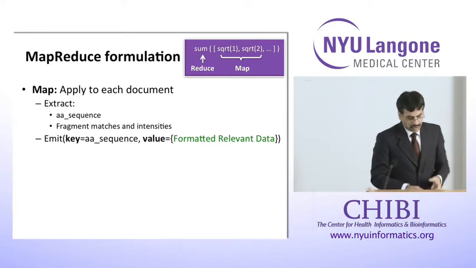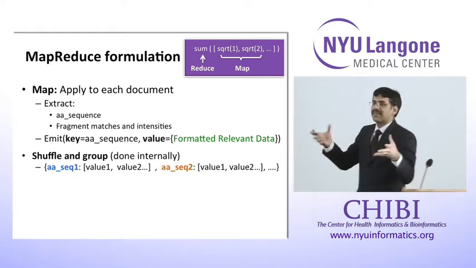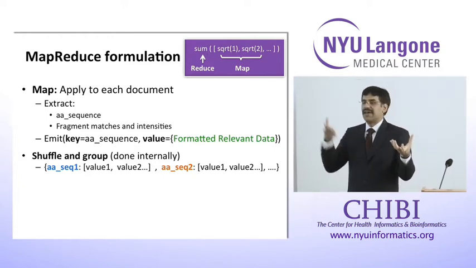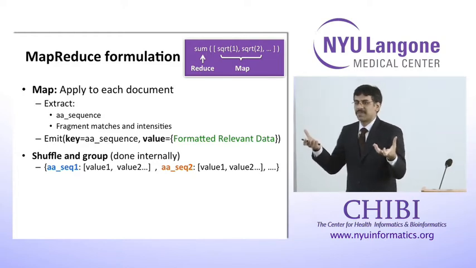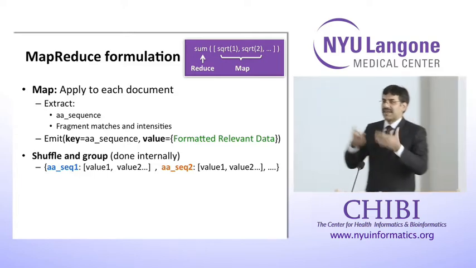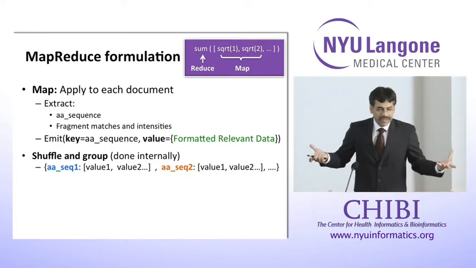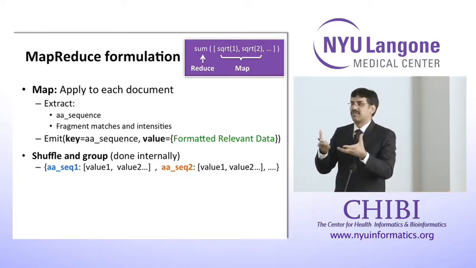Okay? So once the map step is finished, we have 500,000 key value pairs, where the key is our amino acid sequence, and the value is the fragment ion characteristics, fragment ion intensities. Okay? And like I said, the first peptide in our list, let's say it had 20,000 occurrences in our database. We need to group these 20,000 together to come to the final result.